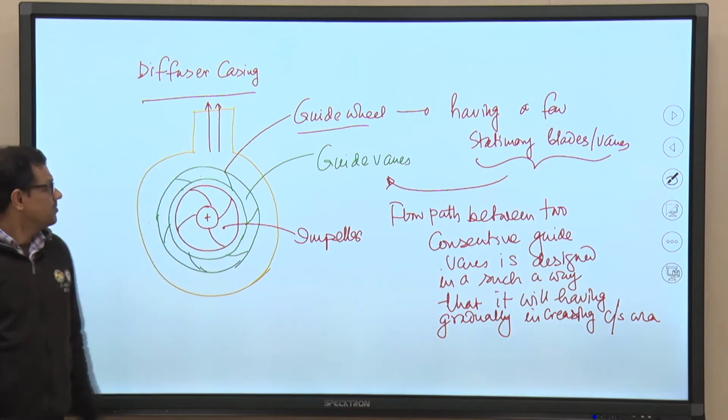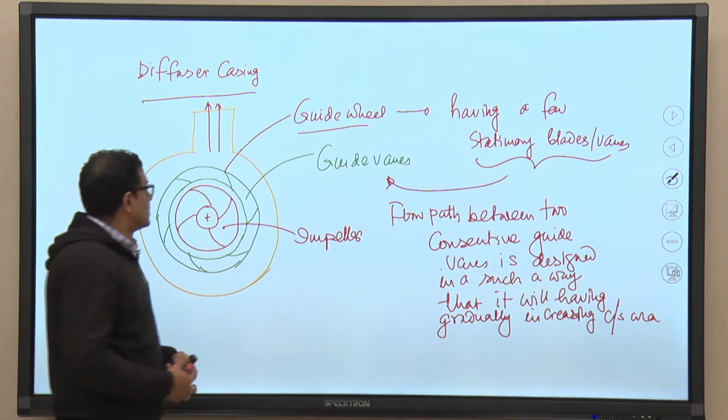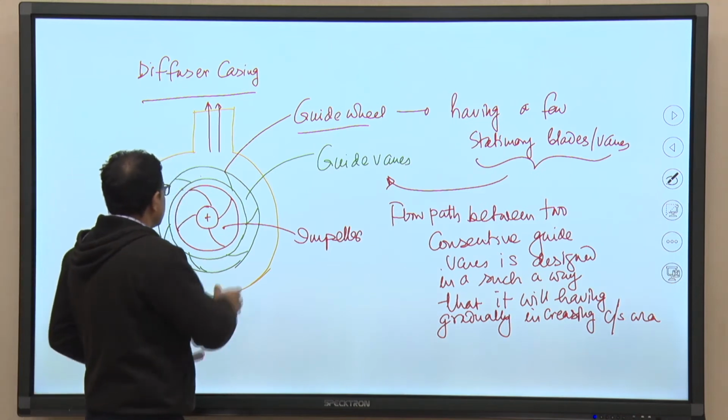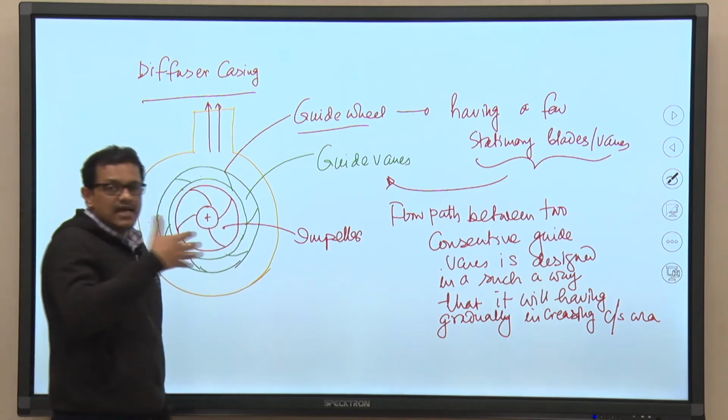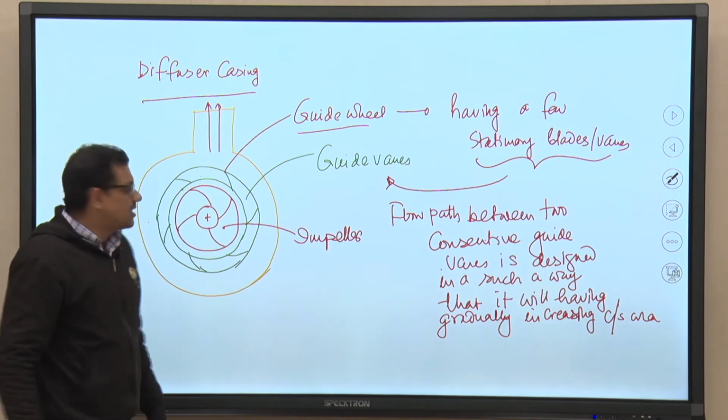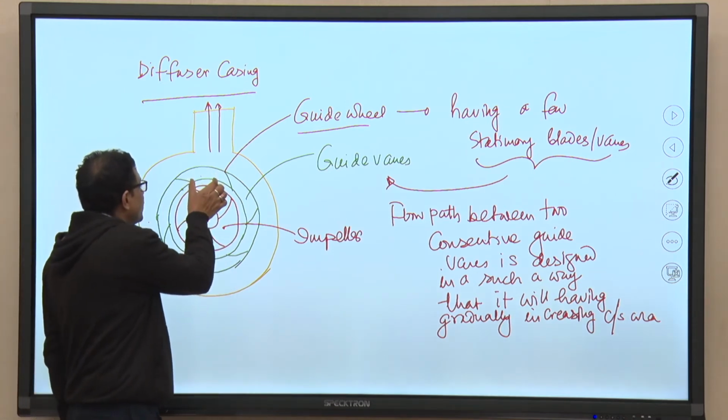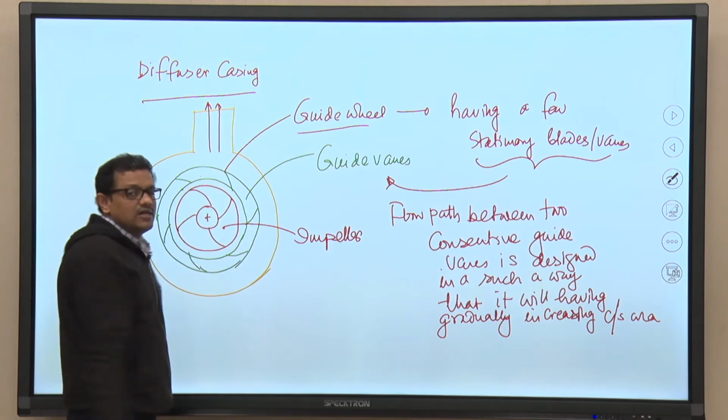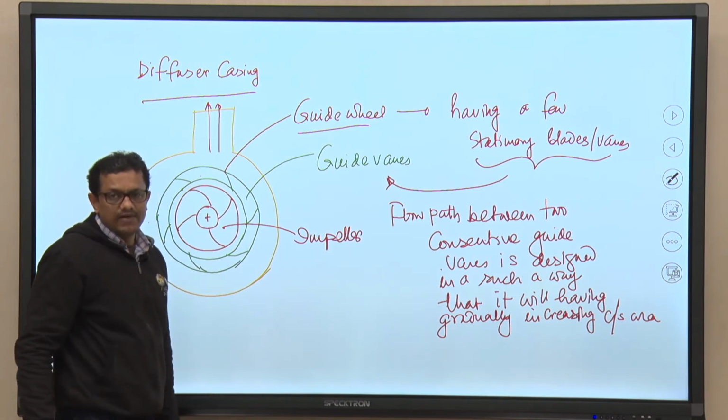So, this is the diffuser casing. You can understand that ultimately the net energy conversion takes place when water is moving through the passage between two consecutive guide vanes.